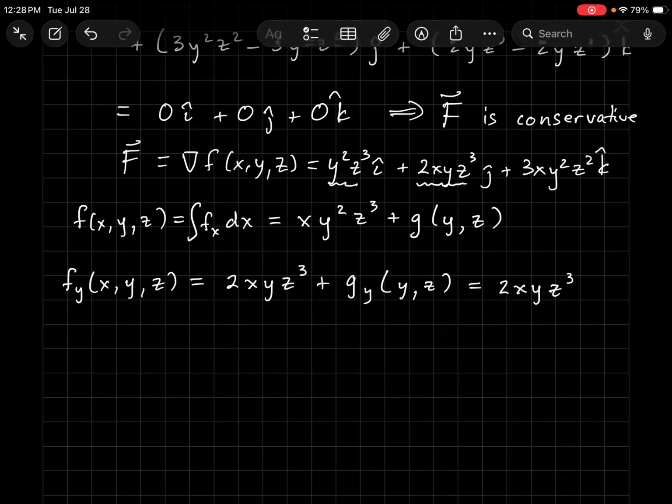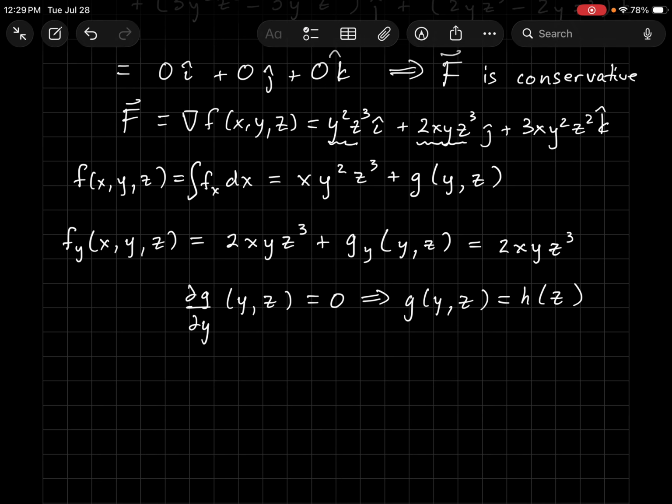Well, it tells us that the partial g with respect to y of yz equals 0. Meaning that g of yz must be a function of z only. Because when we take the partial with respect to y, there's nothing left.